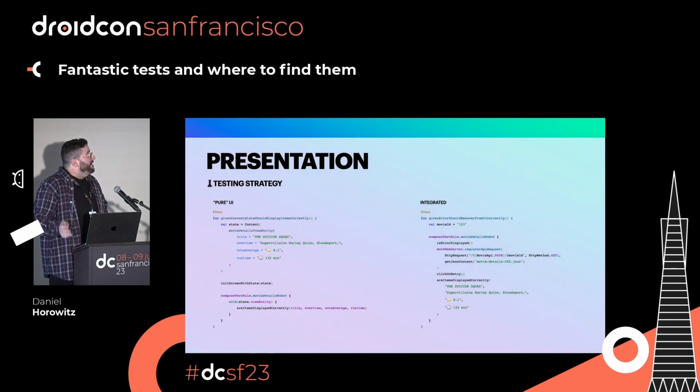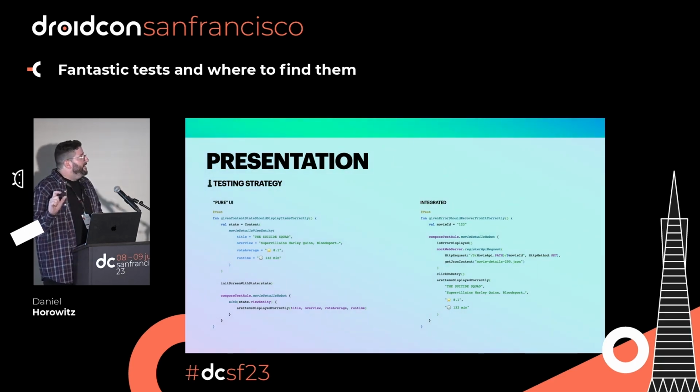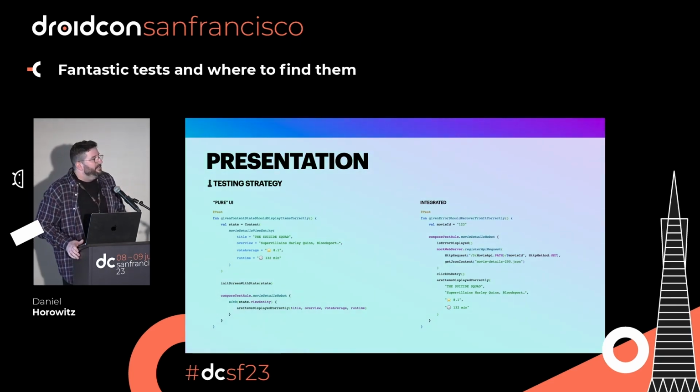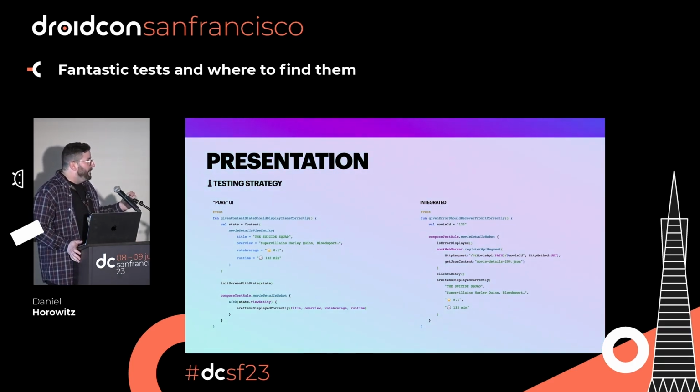And then in contrast, you have the integrated test. On the left, you saw we're just passing one state and asserting that this state is displayed correctly. But on the right, you're actually testing the integration between all the layers. This test is about getting an error and then clicking on retry.